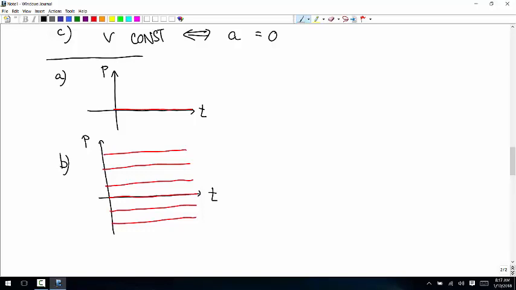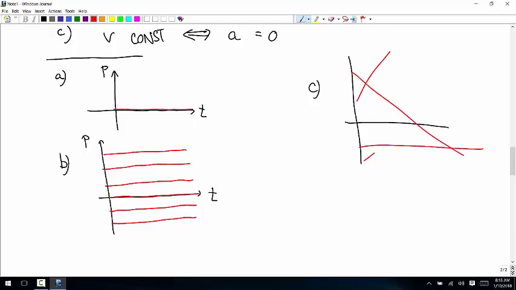And then what does it take for the acceleration to be 0 or for the velocity to be constant? It's a line, yep. So it could be this, or this, or this, or this, but it can't have any curvature.